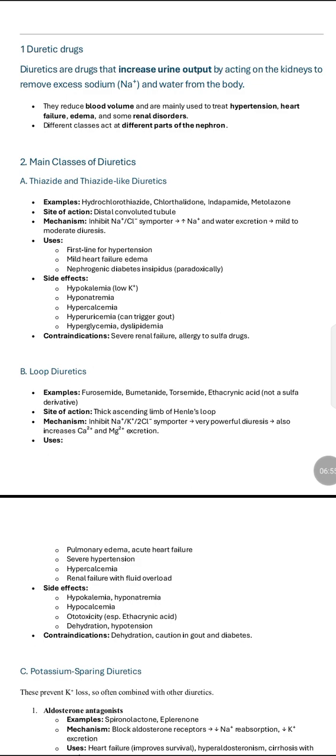Uses: first line for hypertension, but this time around we have different drugs depending on the setup where you are, depending on the setup and the treatment guideline.